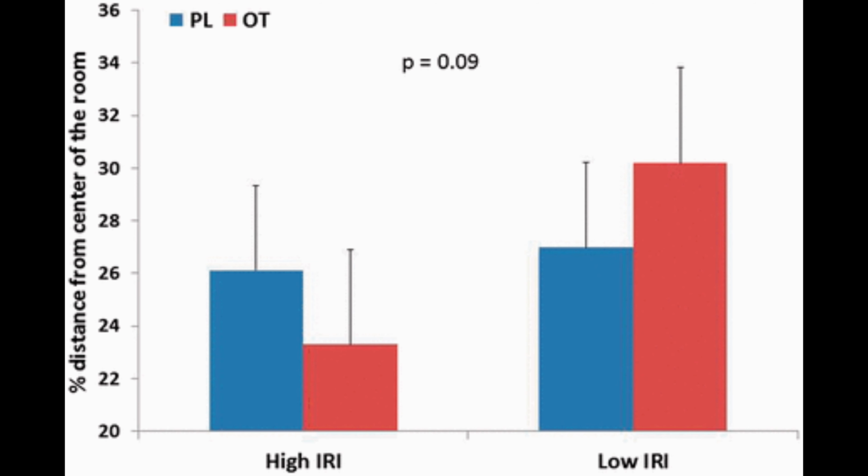Overall, there were also significant interactions between the treatment administered, the conditions given, and the empathy level of the participants. For example, as you can see in this bar graph, the group with the high IRI, or high empathy, is on the left, and the group with the low IRI, or low empathy, is on the right. The blue bars represent the groups that received the placebo, and the red bars represent the groups that received the actual oxytocin solution.